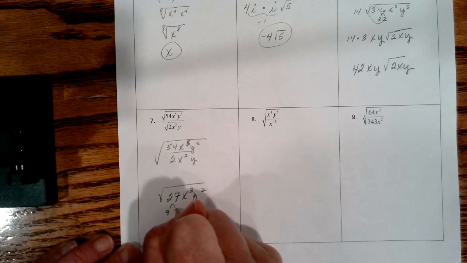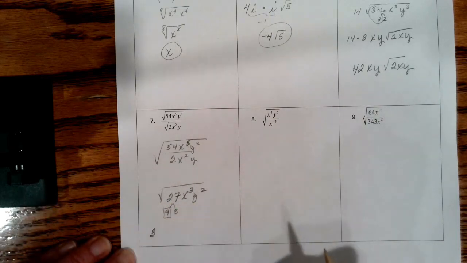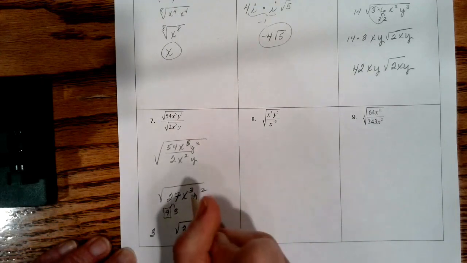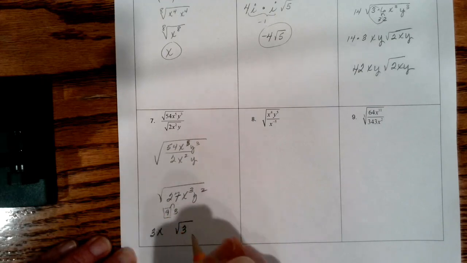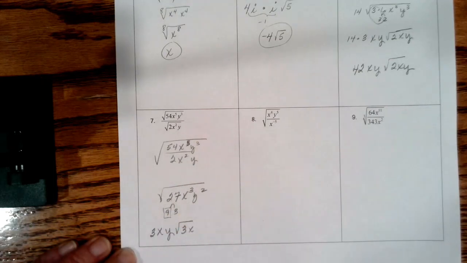27 is 9 and 3. Here's a perfect square. It comes out as 3. And this 3 is stuck inside. 2 x's come out as 1, and 1 is inside, and 2 y's come out as 1, none left over.